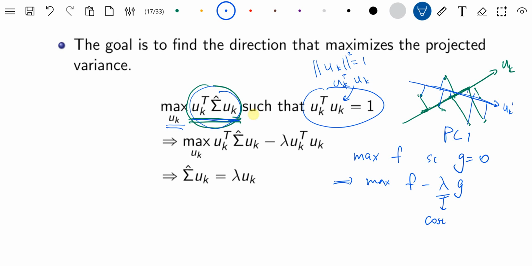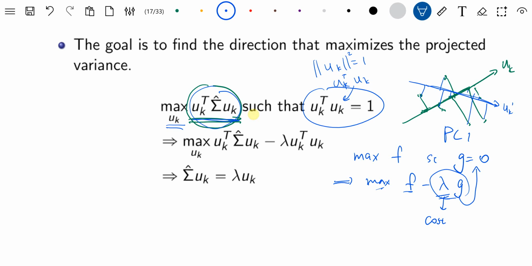So what happens is that if this constraint is not satisfied, basically if g is not 0, lambda can be very, very large, and we're maximizing this, so it means we're getting subtracted a huge cost, so this will not be optimal. That's why we want to keep g equal to 0.